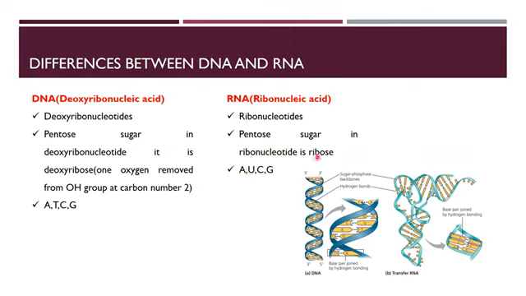But in case of RNA, the sugar is ribose sugar. Okay. And in case of DNA, the nucleotides include adenine, thymine, cytosine, and guanine. These are the bases. But in case of RNA, the bases include uracil. All three are the same, but the thymine will be replaced by the uracil in case of RNA. Okay. Now the last difference is that DNA is a double-stranded molecule, but RNA is a single-stranded molecule.